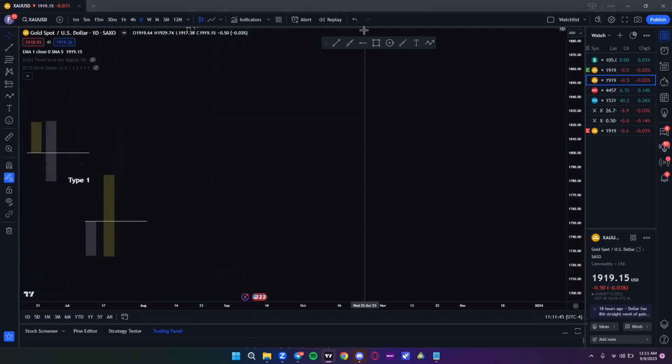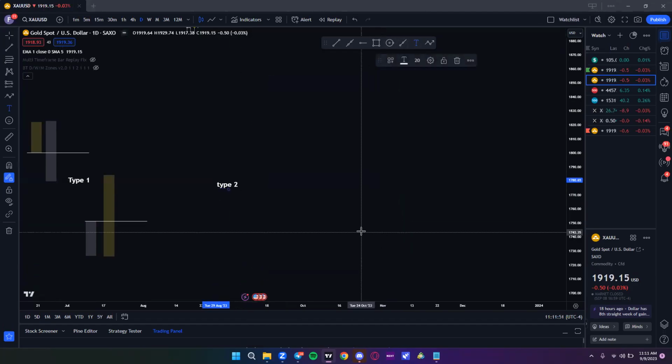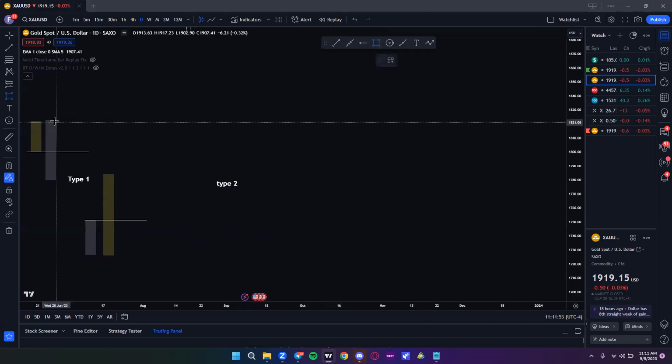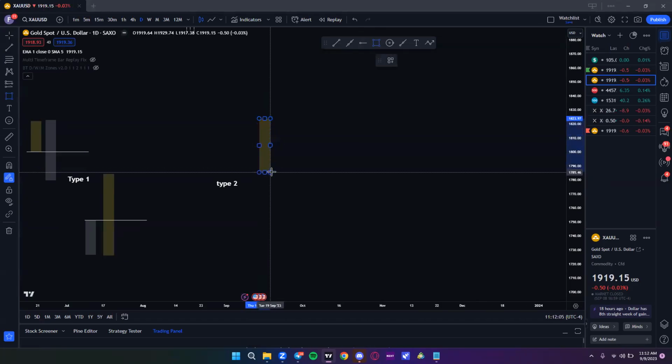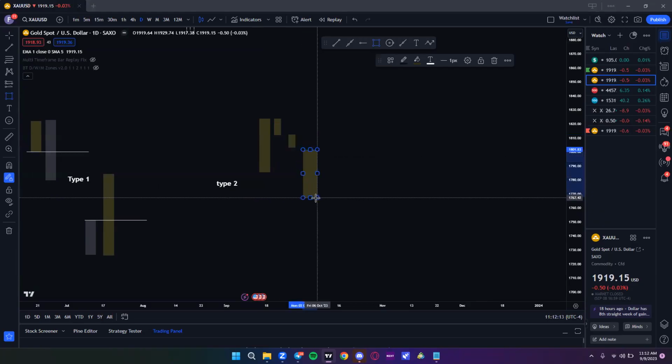Okay, so that's type 1, and type 2 is pretty much very similar. It's when you have multiple candles that engulf the previous color, so the color trend will change. What I mean by this is something like this: say you have a bullish run, and then you have 1, 2, 3.